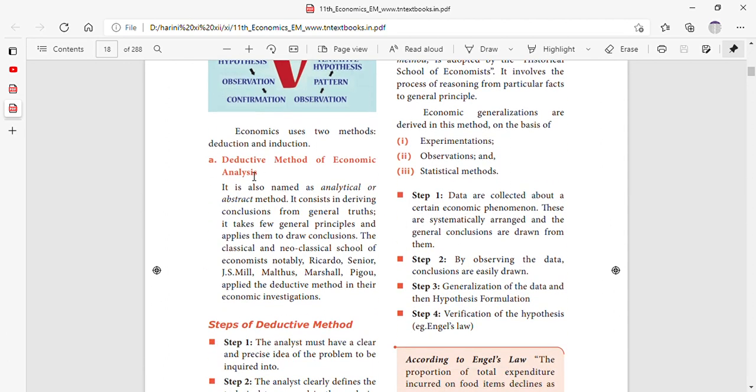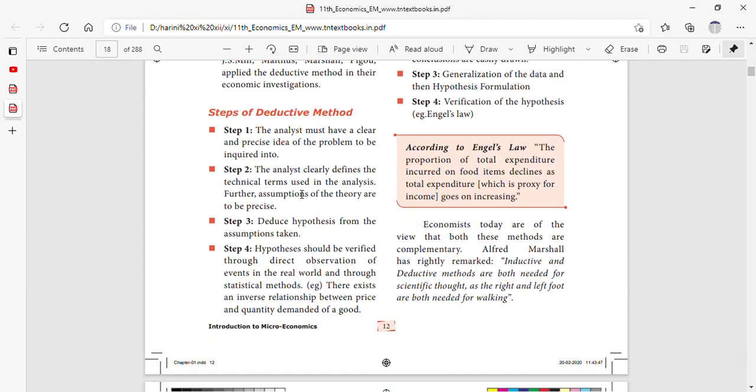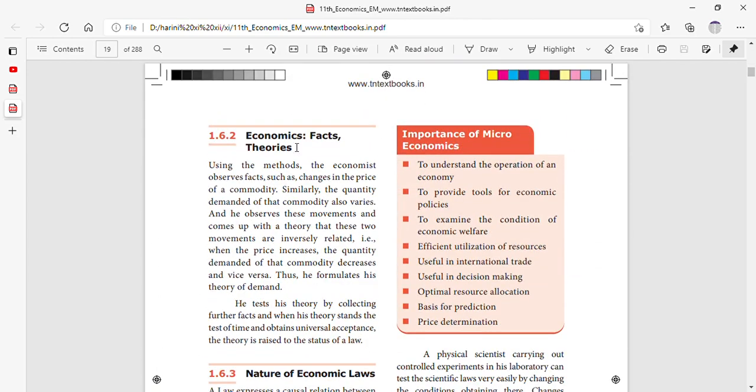Deductive method is from general you are coming to the particular one. Okay. So economic theories.